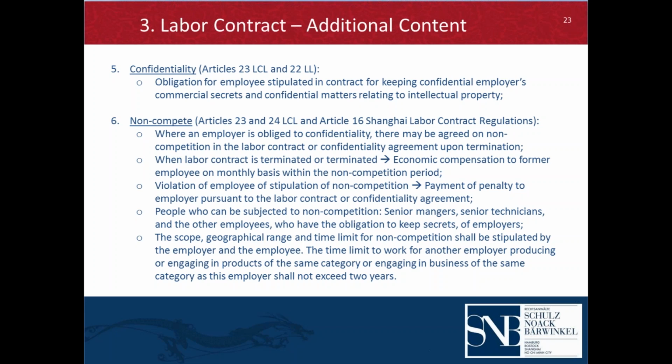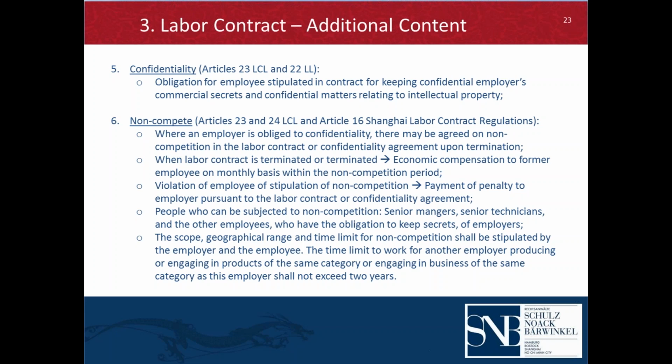But what is also quite usual in practice here in China is to have a post-contractual non-compete clause. That means the parties, the employer and the employee, agree that after the employment has ended, the employee shall not be allowed to work for a competitor.